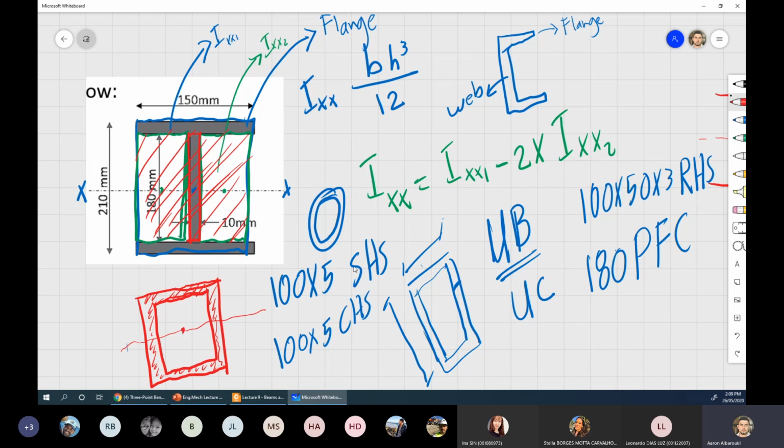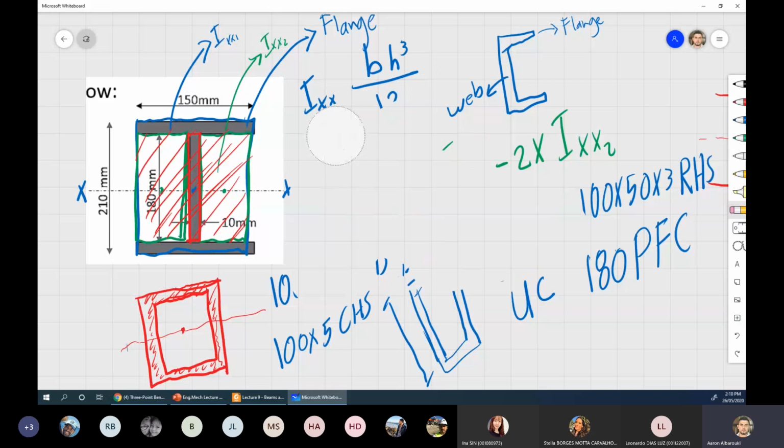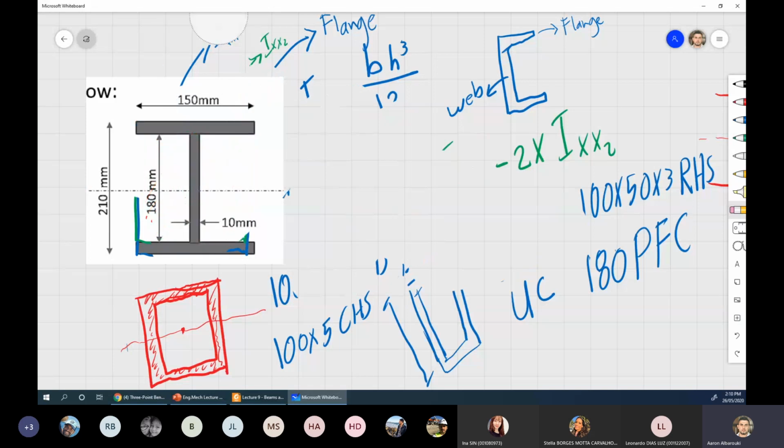So this is a very easy, useful method for calculating IXX, or IYY if I'm calculating the other way around. Okay, so let's go back to our lecture. Delete all of this.